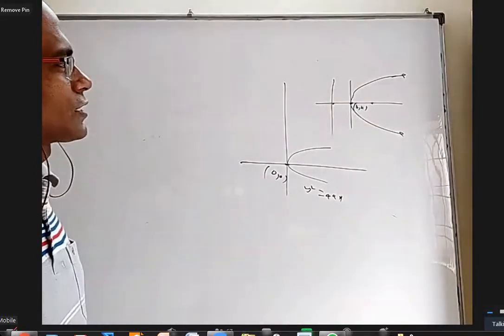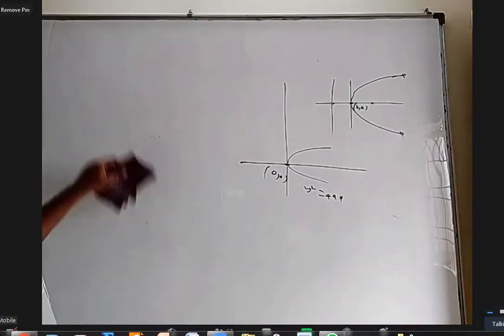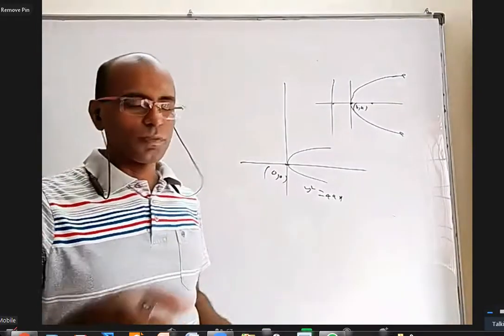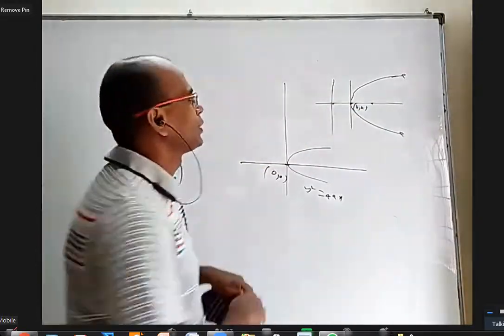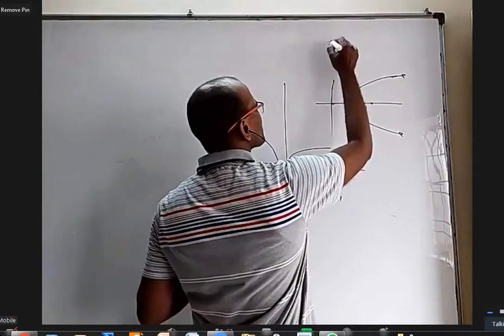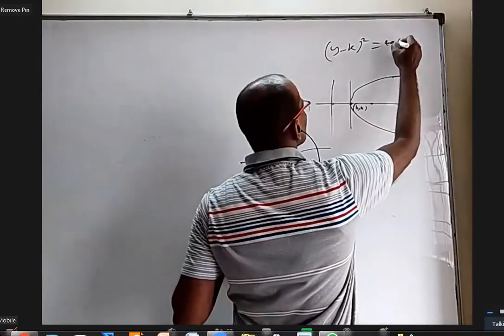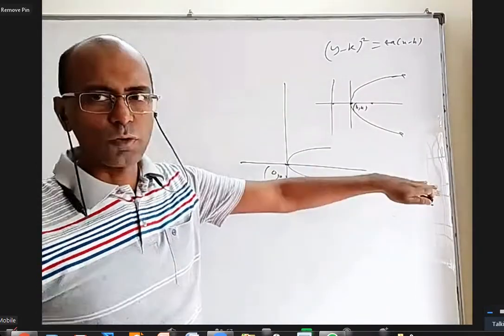It is based on which chapter in first year? Transformation of axes. Yes, within that, the translation of axes. It translates the x-axis here and the y-axis here. So this parabola will be in the form y minus k whole square equal to 4a into x minus h. Once again, if a is positive, it will be opening towards right.